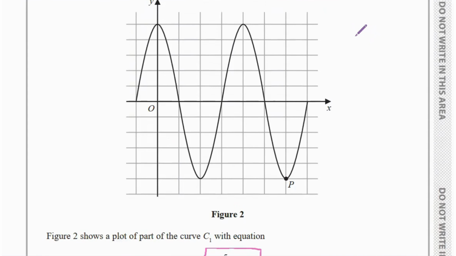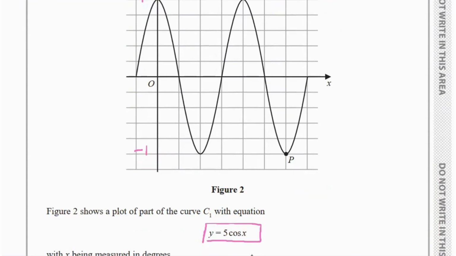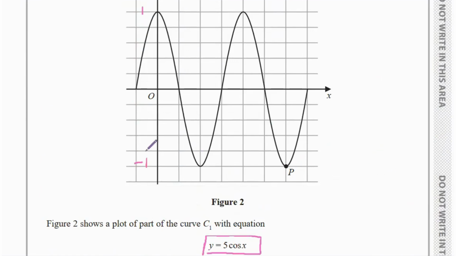So we know in a cos graph, maximum value is 1, minimum value is negative 1. But over here, we have a transformation happening because we have a scale factor of 5 being multiplied with cos x, which means your minimum value is also going to get multiplied with 5, which makes this negative 5 and this positive 5. So your y coordinate is negative 5.